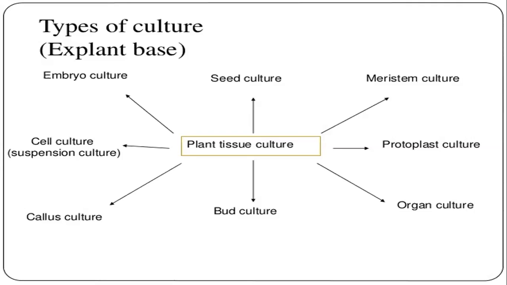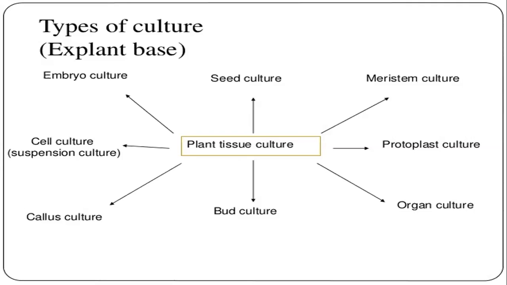Then protoplast culture is there. As we know, protoplast is nothing but the cell without cell wall, which also has some important aspects. Then organ culture is there, bud culture, callus culture, and cell suspension culture.